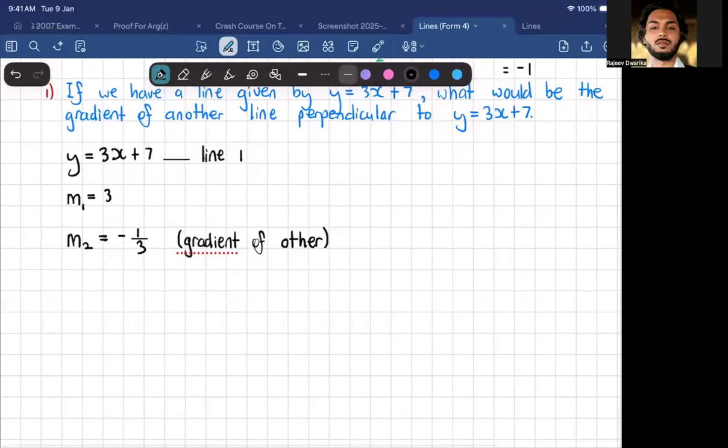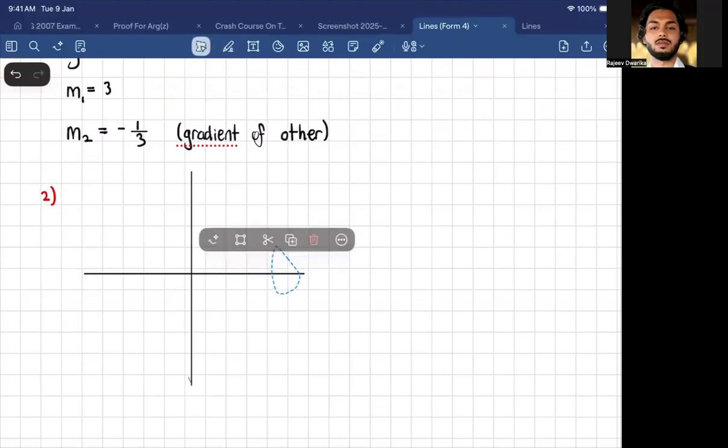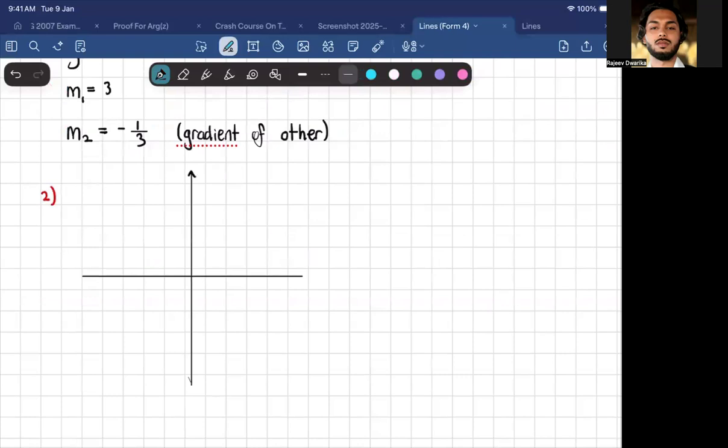Let me give you all another question. See if you all could figure this out. Question 2. I'm going to draw one line, and in your books, I want you to do a sketch of what the line perpendicular to it would be.